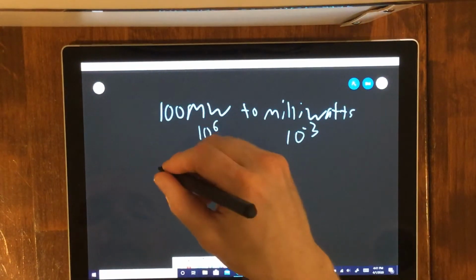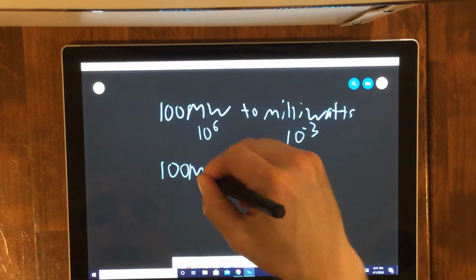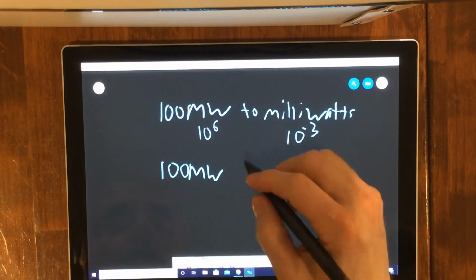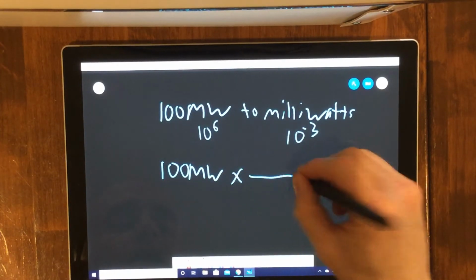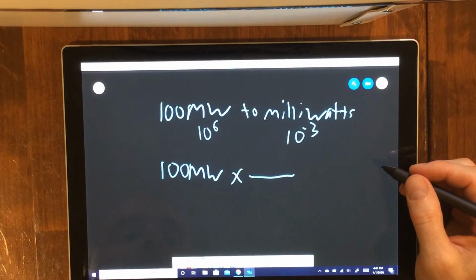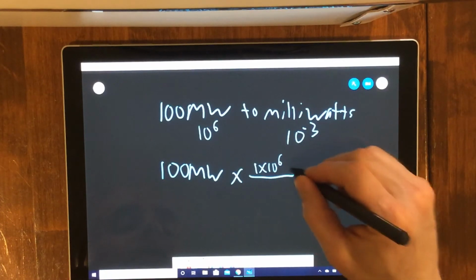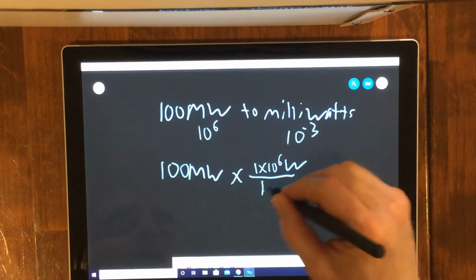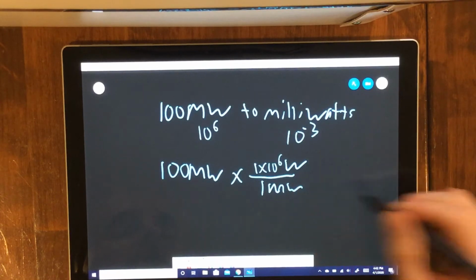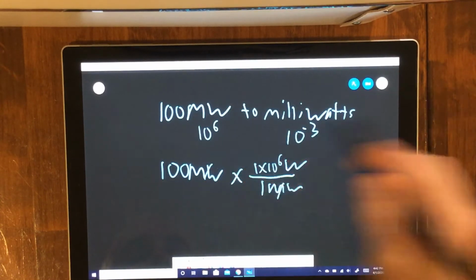So I have 100 megawatts. Now, I'm going to first convert that to watts. So 1 times 10 to the 6th watts is 1 megawatt. My megawatts are going to cancel.